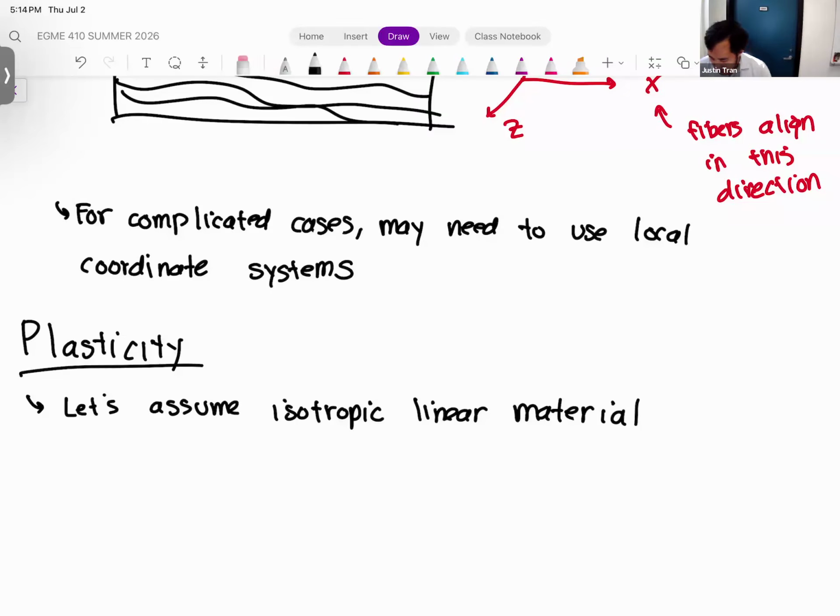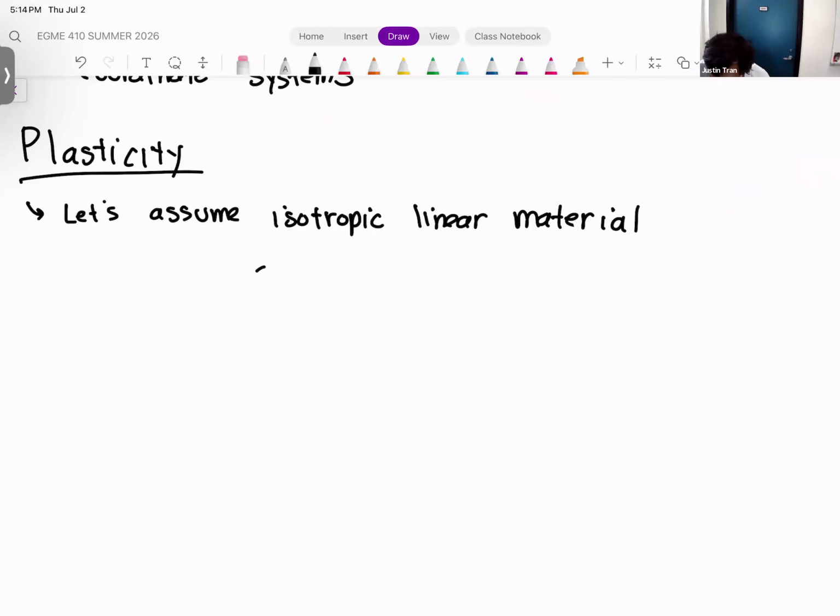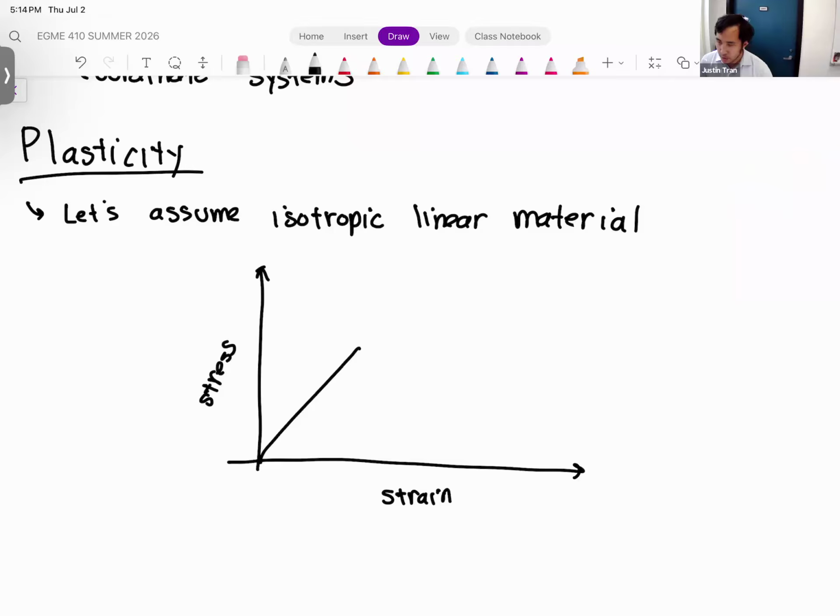And so for such a material, we already know what its stress strain curve is going to look like. We know the stress strain curve is going to be linear, where the slope of that line is the Young's modulus.